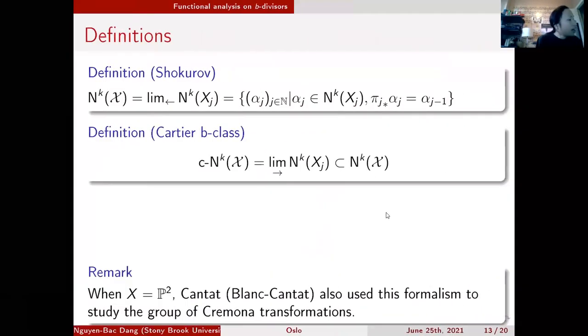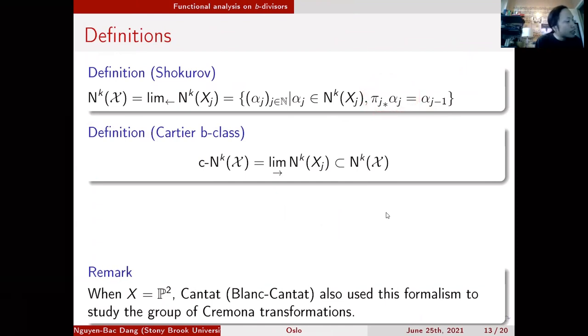And now I can look at the space of divisors. So we know what's going to happen. I denote by N^k of X the space of cycles that live on every model of my tower, with a compatibility condition.